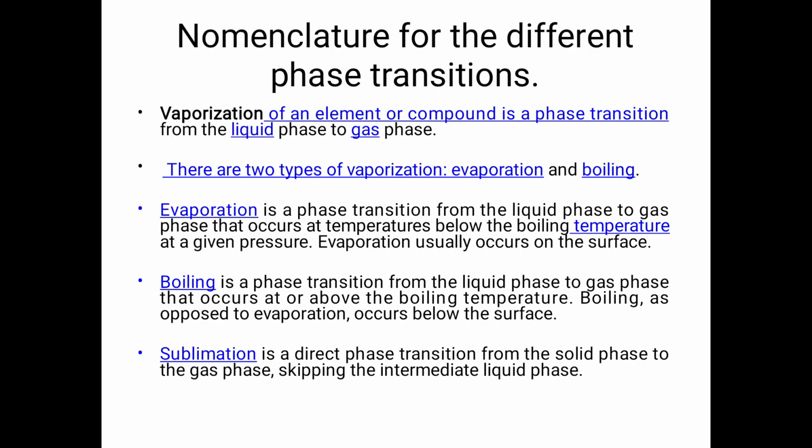There are two types of vaporization, that is evaporation and boiling. What is evaporation? Evaporation is a transition from the liquid phase to the gas phase that occurs at temperatures below the boiling point at a given pressure.